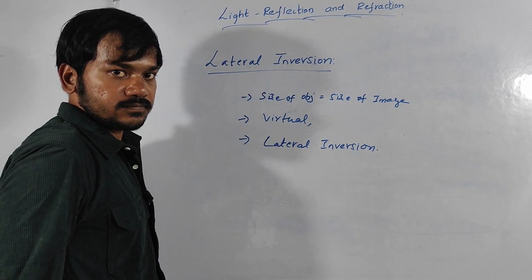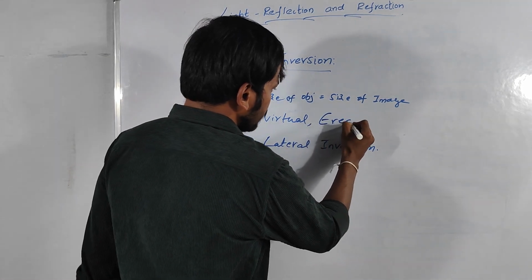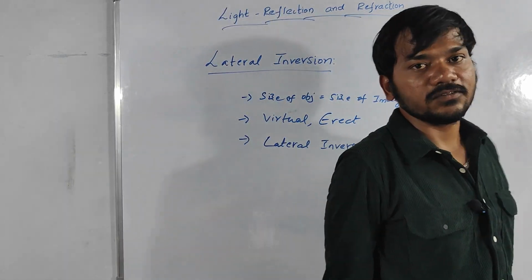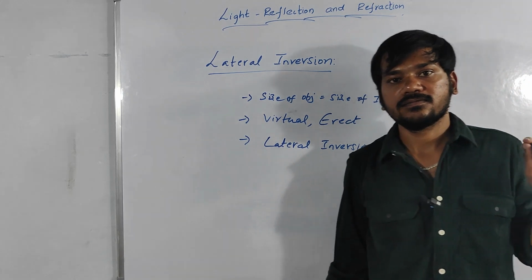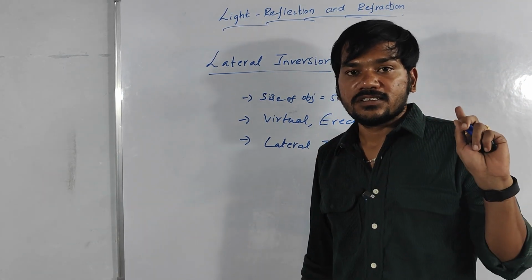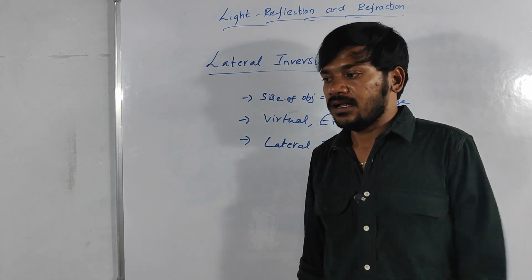Clear with this, no? Right? And we also have erect. So size of object equal to size of image, virtual, erect, and lateral inversion. This is how we study the properties of the image when the object is kept before a plane mirror.